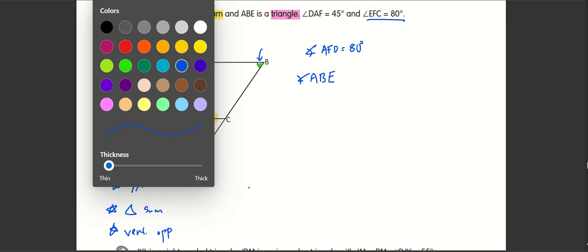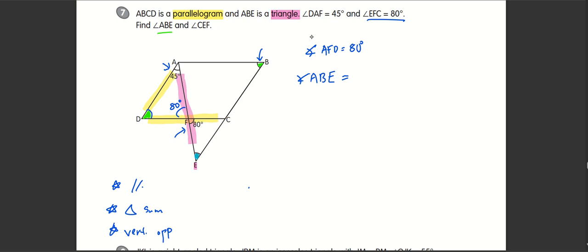So with that, I can use the sum of angles in a triangle: 180 degrees minus 45 degrees minus 80 degrees. So you have 180 minus 80, 100, minus 45, that will be 55 degrees.